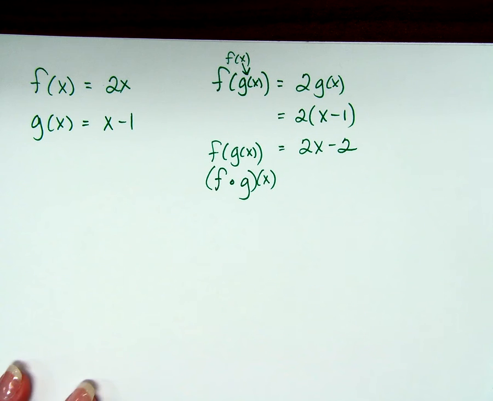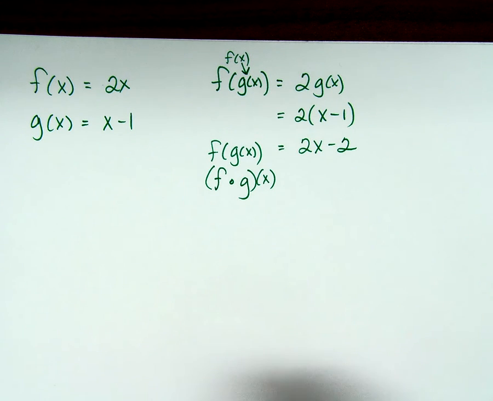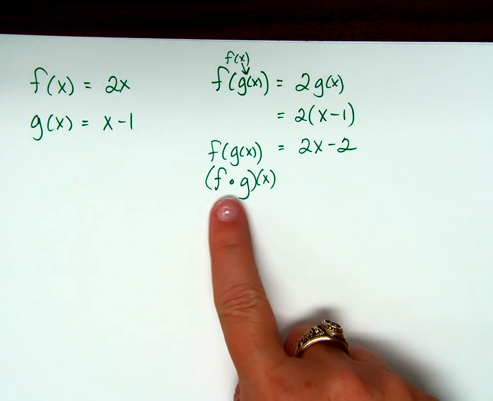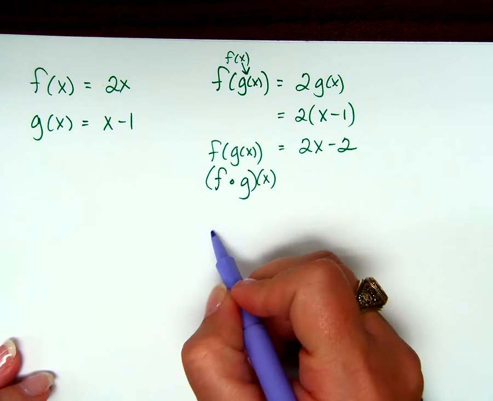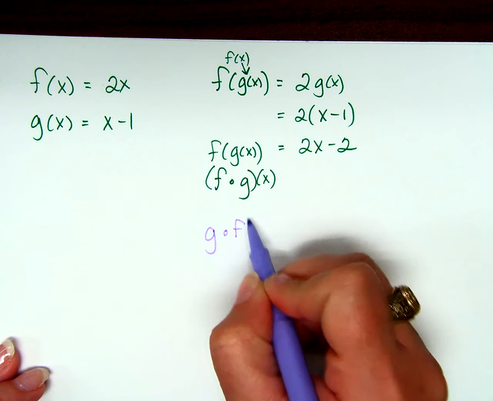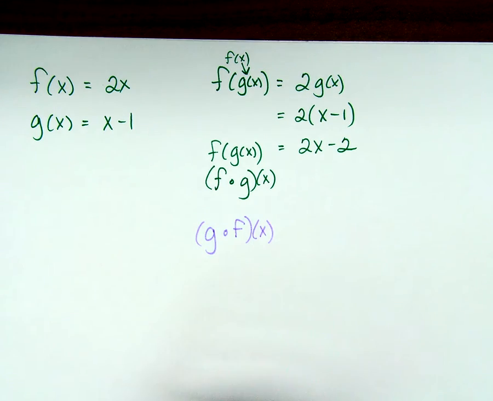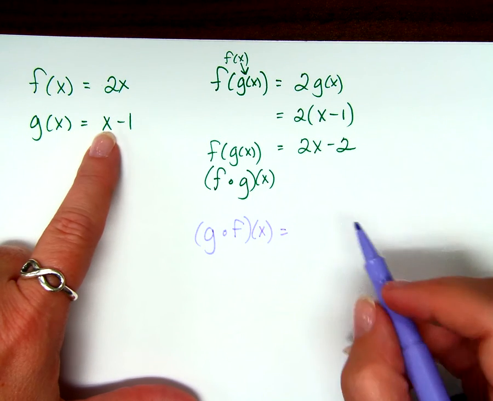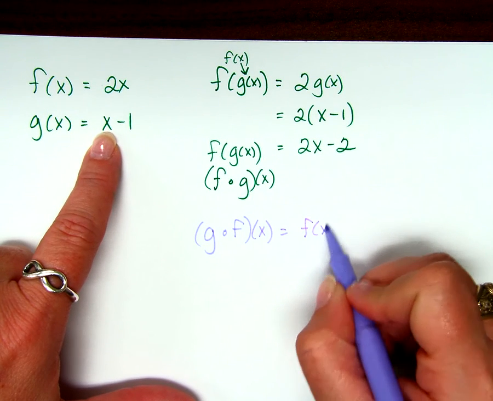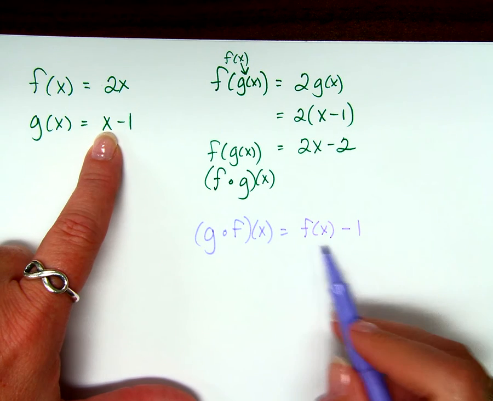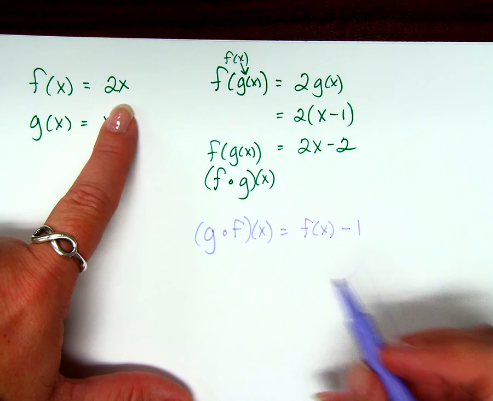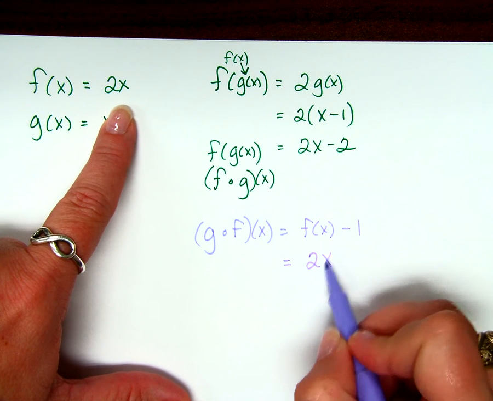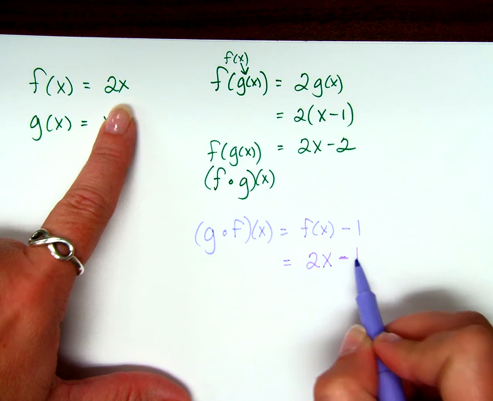But composition of functions is a little bit different. Because this is what f of g of x is. But what if we do g of f of x? That means I start with g. I start writing g, but instead of writing x, I write f of x. So I have f of x minus 1, but I know f of x is 2x, so I get 2x minus 1.